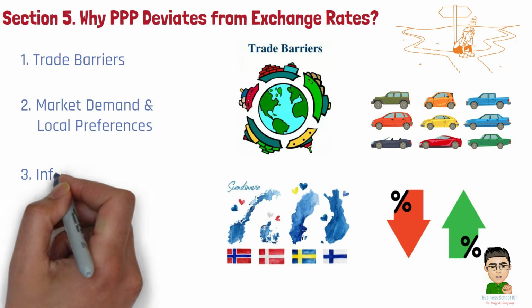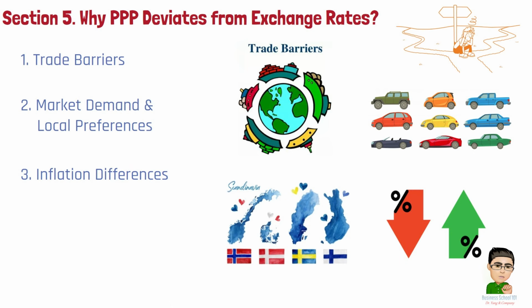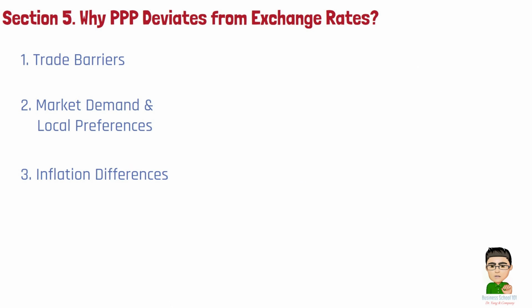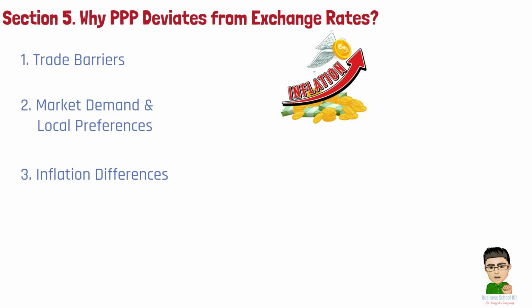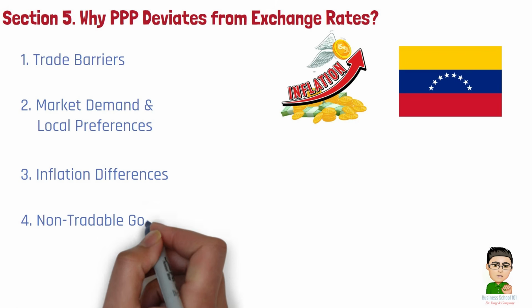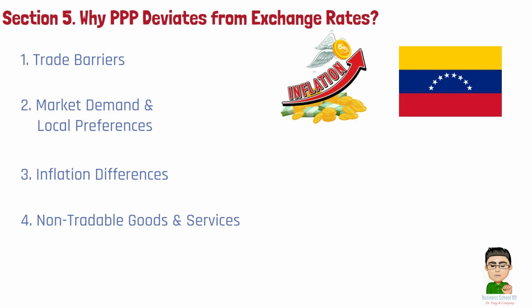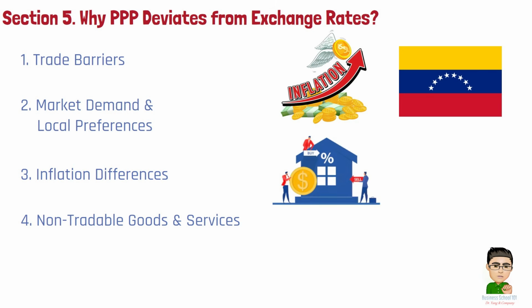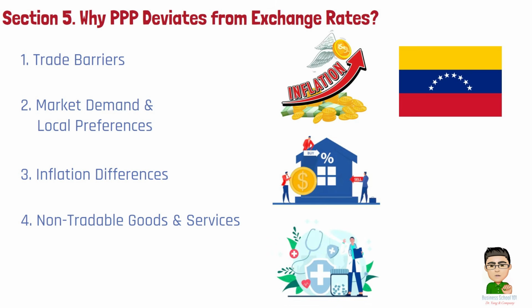Number 3. Inflation differences. Persistent inflation in a country can cause its currency to deviate from PPP predictions. Countries with high inflation, like Venezuela, see rising local prices, but exchange rates may not adjust quickly, leading to discrepancies. Number 4. Non-tradable goods and services. PPP works best for tradable goods but doesn't account for non-tradable services like housing or healthcare, which vary widely between countries.